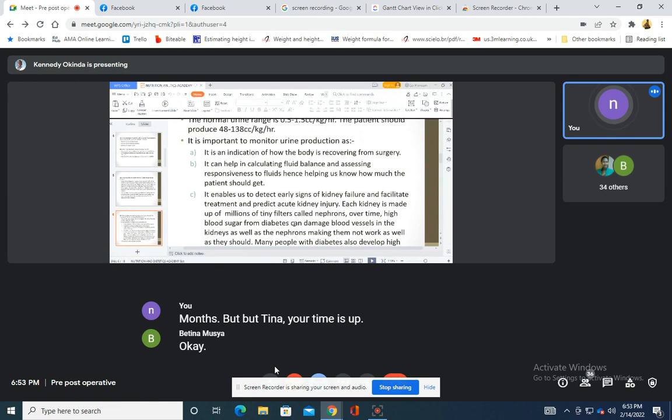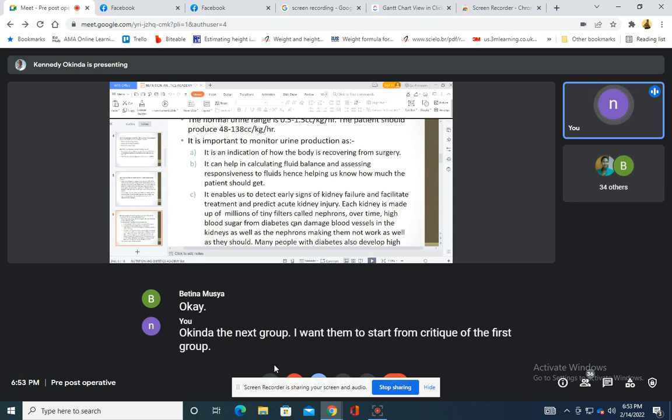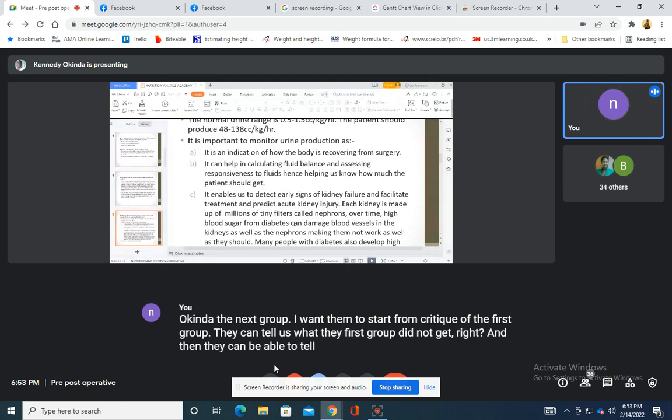Okinda, the next group, I want them to start from a critique of the first group. They can tell us what the first group did not get right, and then tell us what they can include so that they don't have to present the whole thing again.